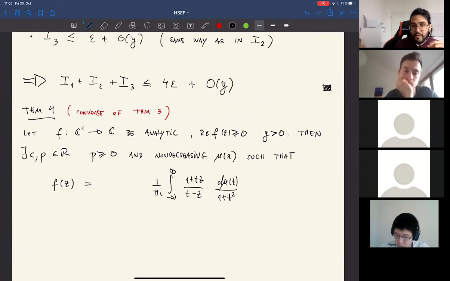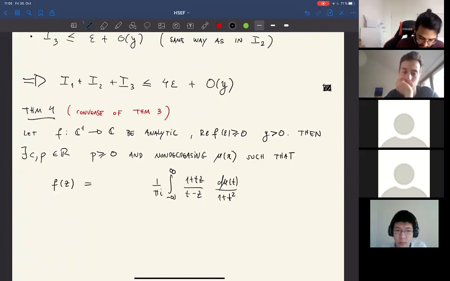But if you think about it, it shouldn't be only that, because the function minus i times z does have non-negative real part in the upper half plane. And it's linear and will never be given by a formula like this. It's something you can realize. So we need to correct for linear factors, but that's all there is.